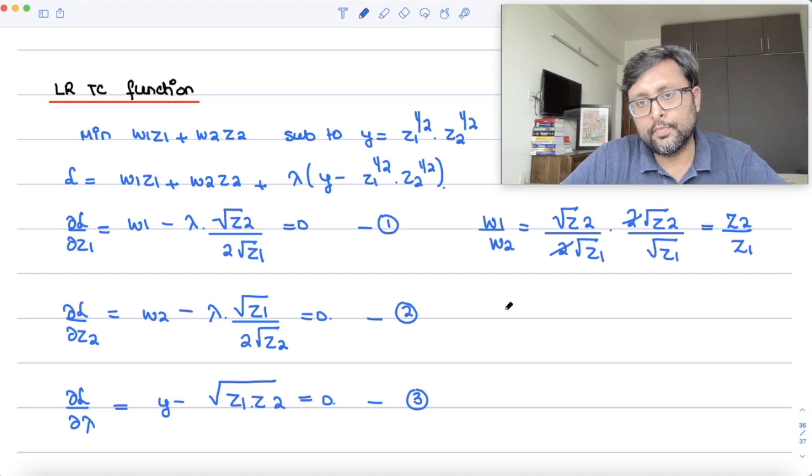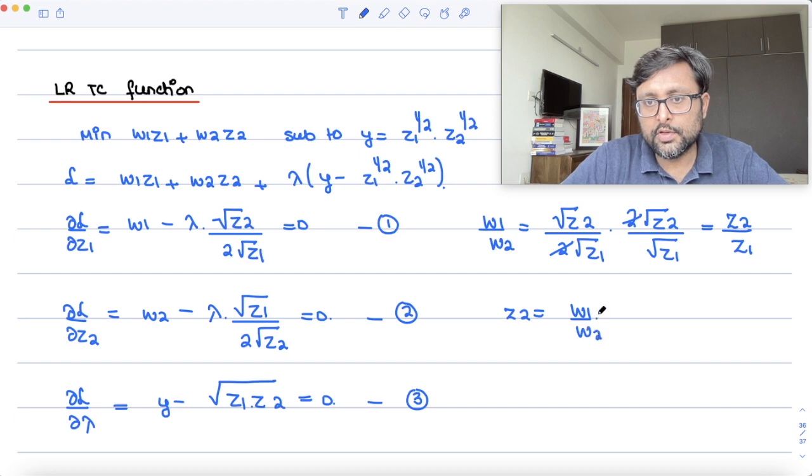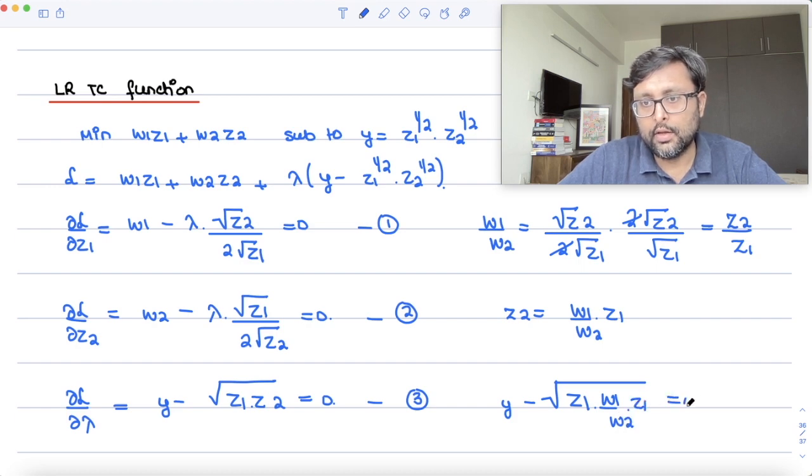Fair enough. So I have Z2 here. So it is W1 by W2 Z1. And I can substitute this Z2 back into the constraint. So in place of Z2, I can write W1 by W2 Z1.